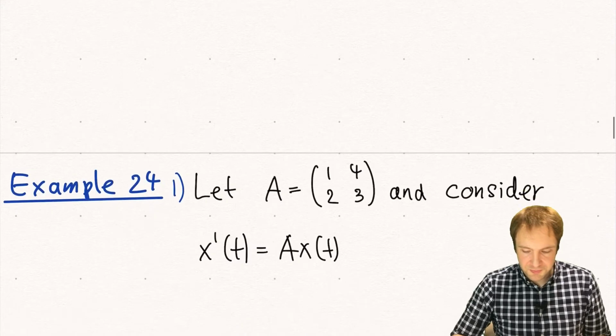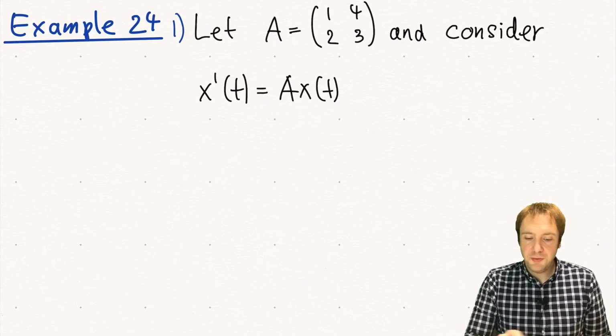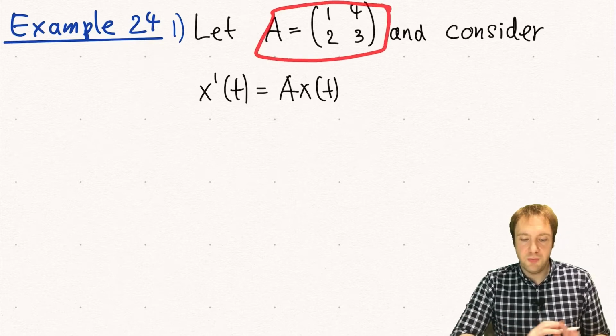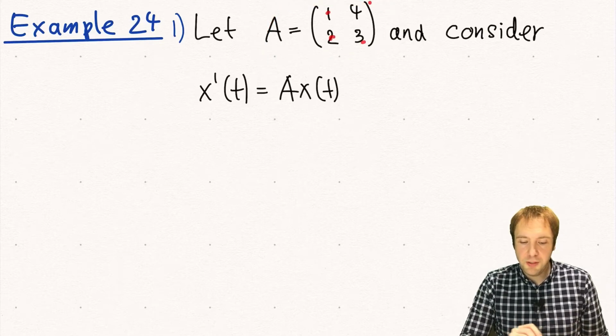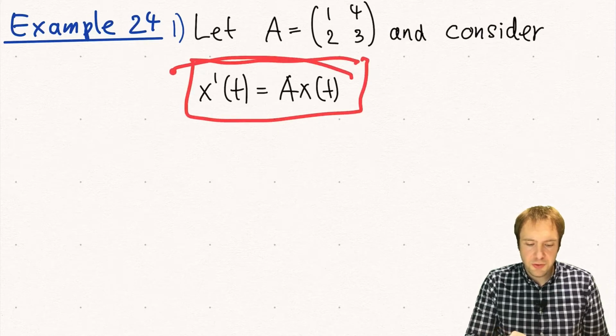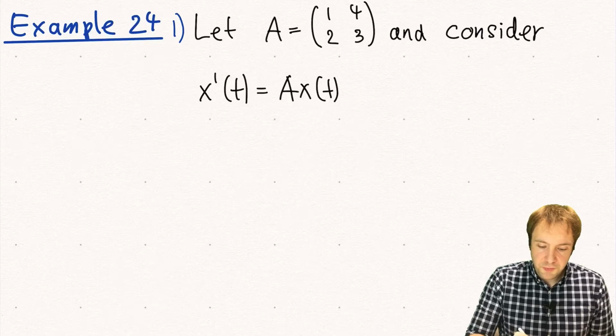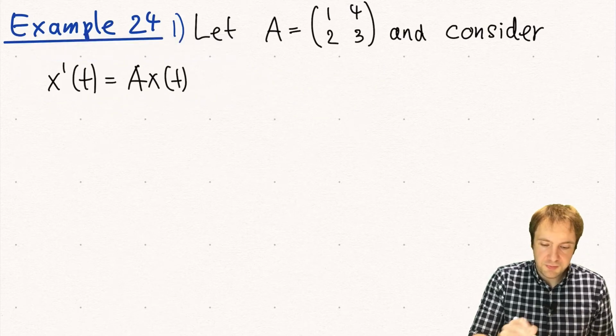But let's maybe do an example to make this clearer. So let's assume we have this 2×2 matrix here, 1, 4, 2, 3. And we want to see what the solution of this dynamical system looks like. So first let's rewrite this a little bit.